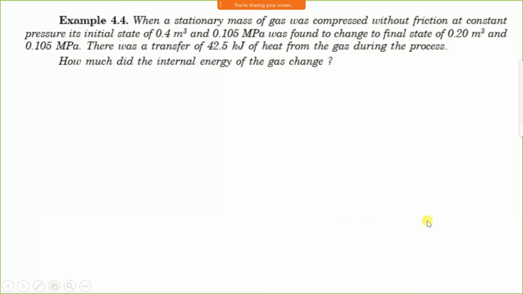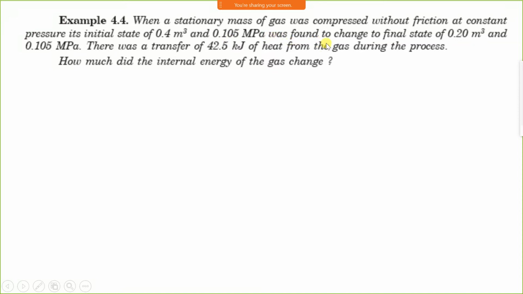Next problem. When a stationary mass of a gas was compressed without friction at a constant pressure, its initial state was 0.4 meter cube and pressure was 0.105 megapascal.